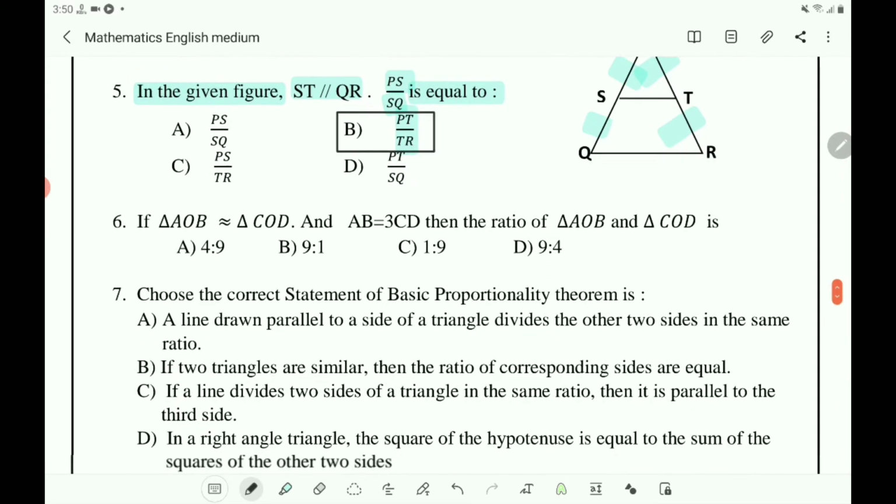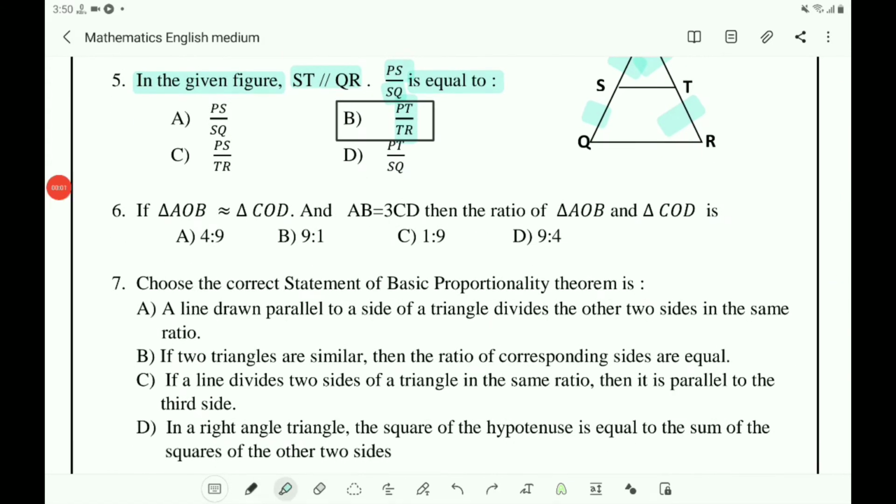Next you take, if triangle AOB is similar to triangle COD and AB equals 3CD, then the ratio of triangle AOB and triangle COD is. Here you take the ratio AB by CD. AB by CD is equal to what? If you transfer CD here, you will get 3 by 1.